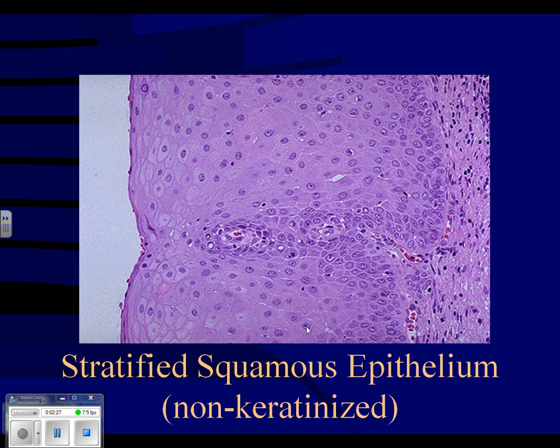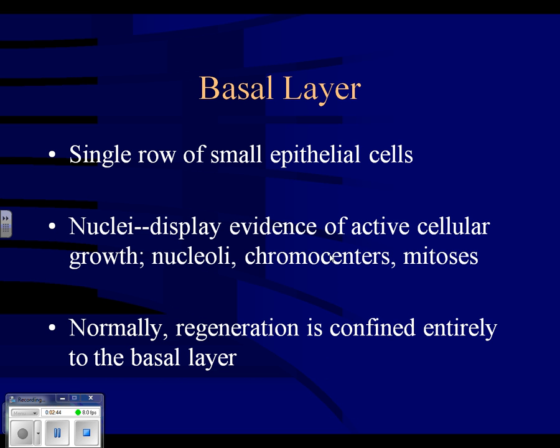So stratified squamous epithelium is generally non-keratinized in the vulva and vagina, and that's what you see here. You can still see nuclei all the way to the top. Then you have all these intermediate squamous cells, and down close to the base you have these parabasal cells, and finally the basal cells at the very bottom.